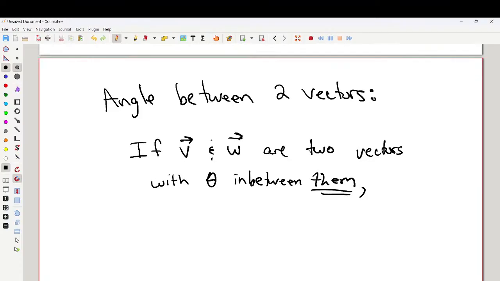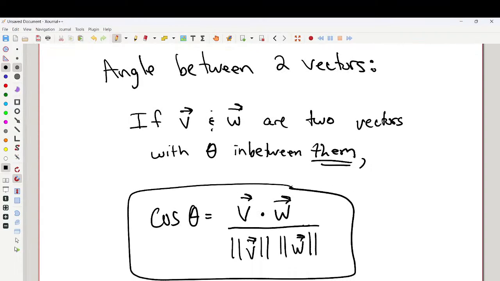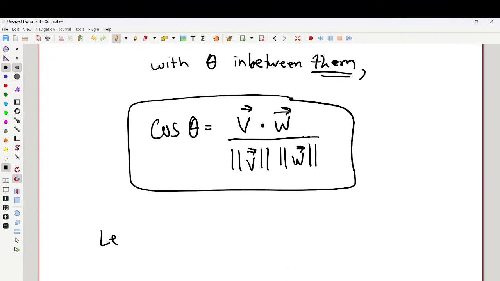The angle between two vectors is the dot product of the two divided by the product of their magnitudes. Why does this random line just appear?